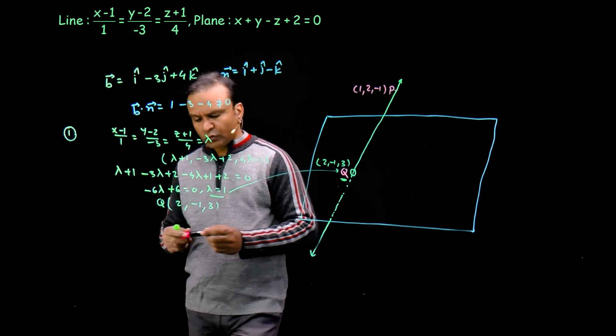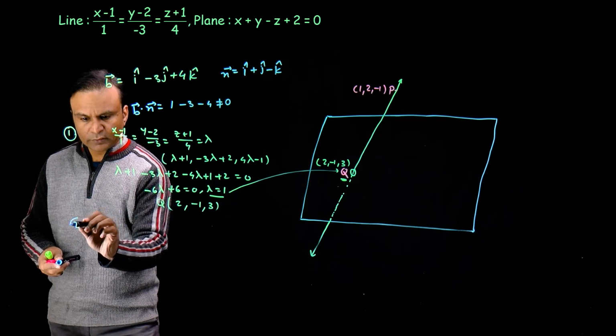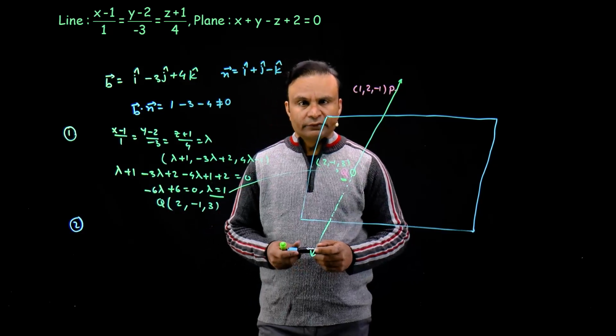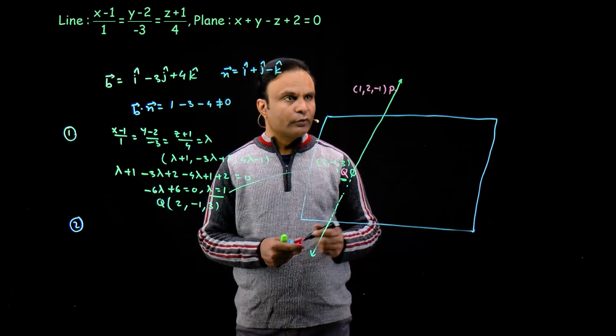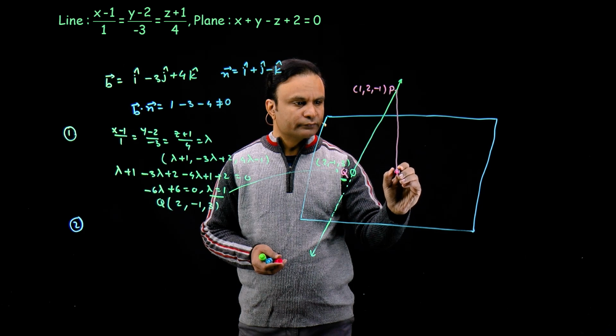Now element number 2, I want to find foot of perpendicular from point P on the plane. What I am doing, from point P I am dropping perpendicular to the plane.